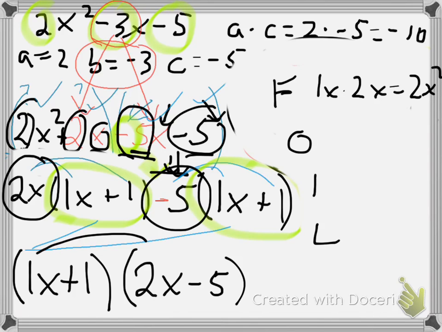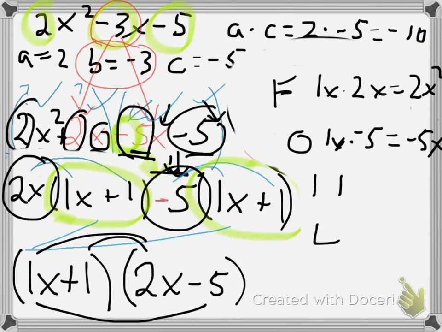The O, the outside, 1x times negative 5 is negative 5x. And then the inside is 1 times 2x, which is 2x.